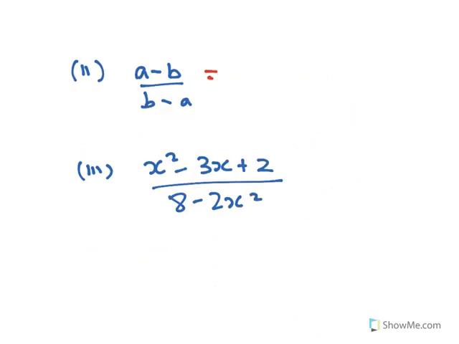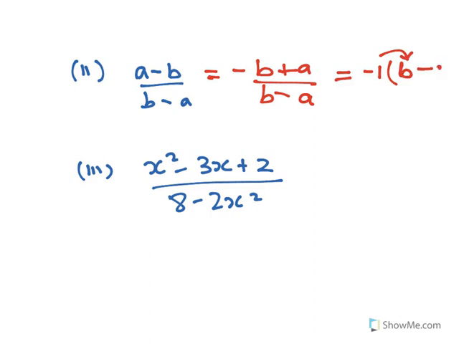Okay, looking at this here, I just want you to realise that the difference between a minus b and b minus a is minus 1. So if you took the first one and you rearranged it to minus b plus a, and on the bottom you go b minus a, then on the top line there's a common factor of minus 1. That means there would be minus 1 times b is minus b, and minus 1 times minus a will give you plus a.